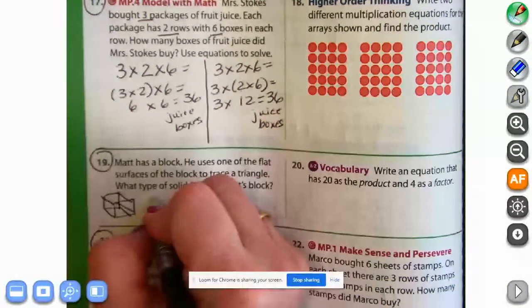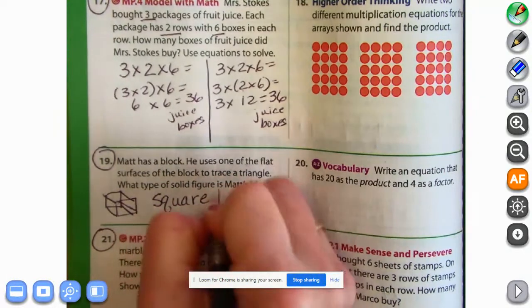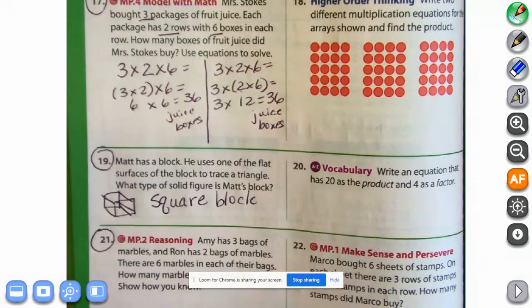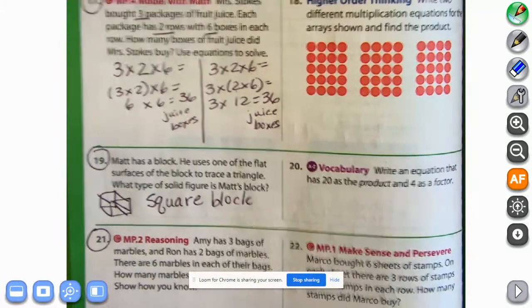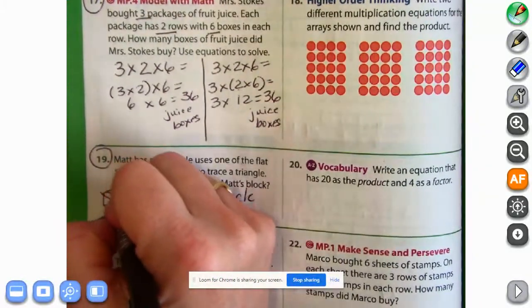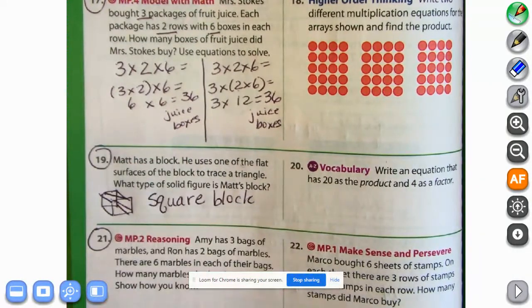So he's going to have a square block to do that. That way it's like a triangle. So we have a triangle there and there. All right.